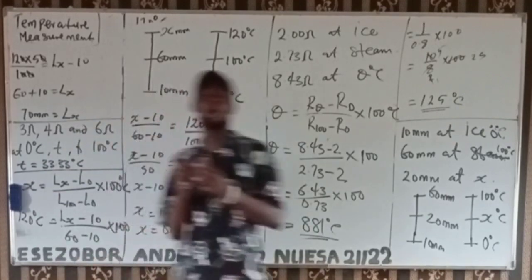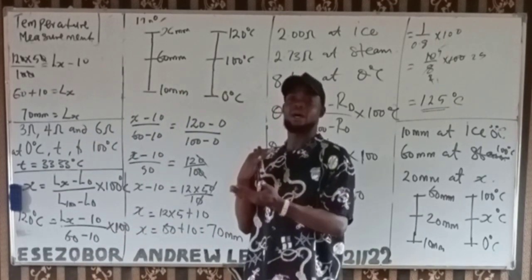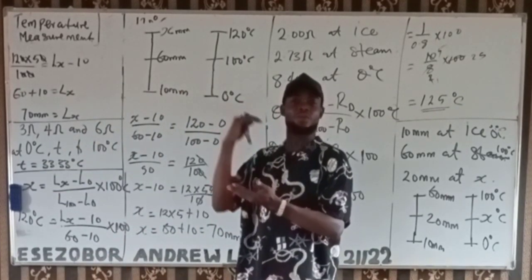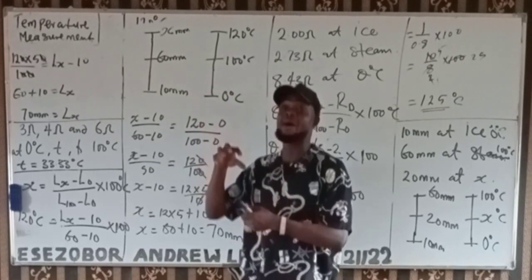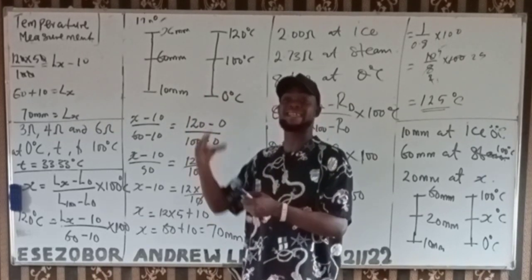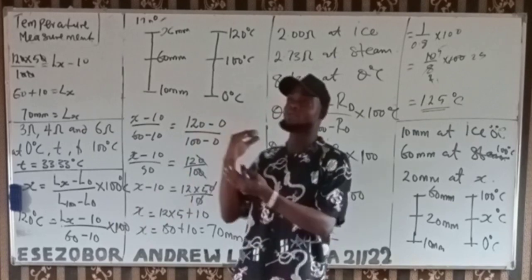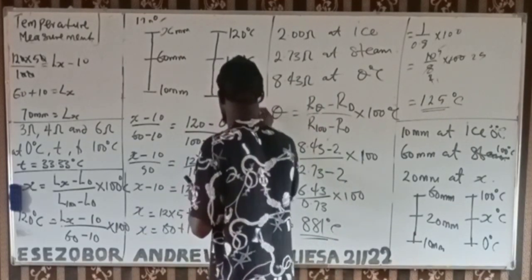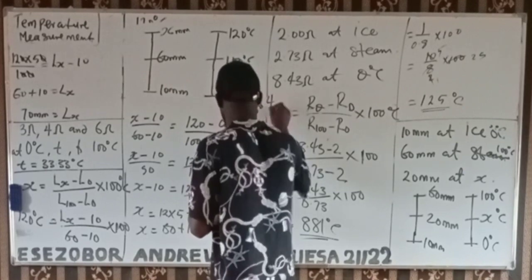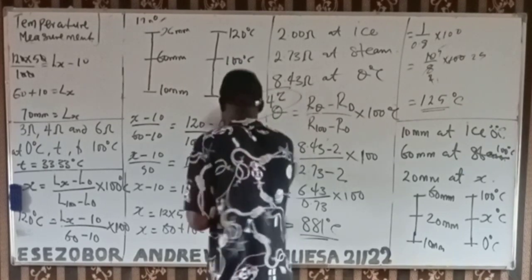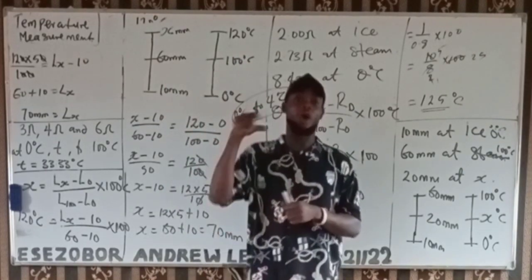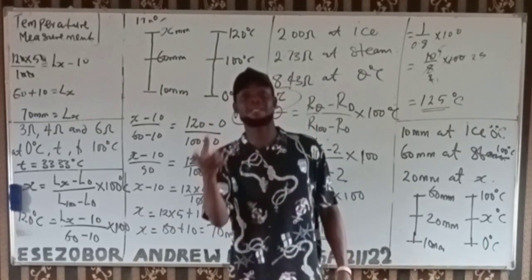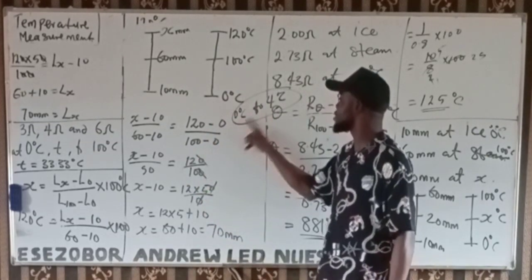There is an exception for water between 0 degrees Celsius and 4 degrees Celsius, because water will experience what we call irregular expansion. It's what we call anomalous expansion, or the anomalous behavior of water in expansivity between 0 degrees Celsius and 4 degrees Celsius.